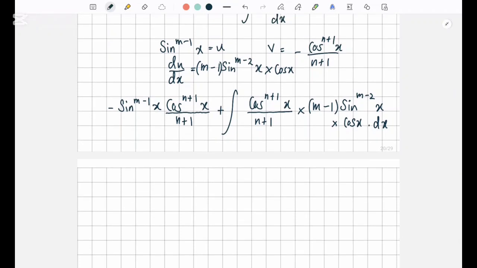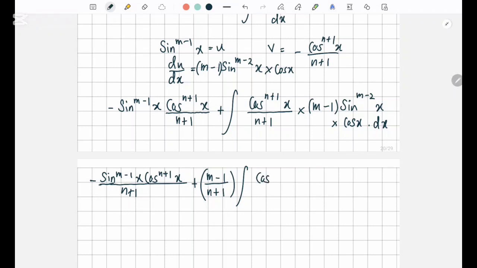Let's write minus sine x to the power n minus 1 cos x to the power n plus 1 over n plus 1. We can take m minus 1 over n plus 1 out. Now it would be cos x to the power n plus 1 into cos x, so it's going to be cos squared x into sine x to the power m minus 2.